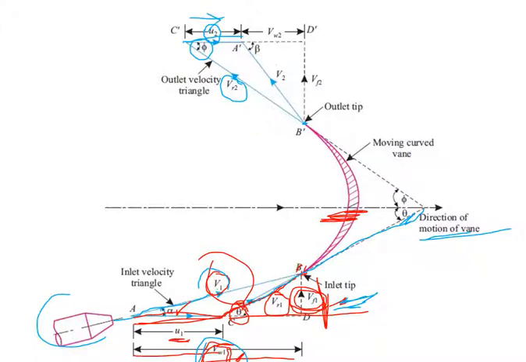And now if you simplify these u2 and the Vr2, you're going to get this V2, which is the absolute velocity of the outlet. And now this absolute velocity is making some angle with respect to the horizontal, which is like beta, and we call this as outlet jet velocity.